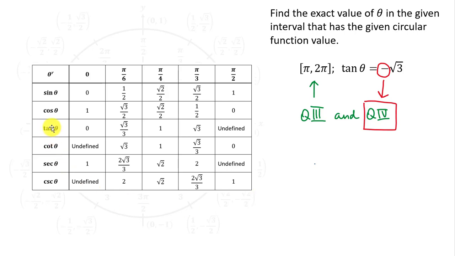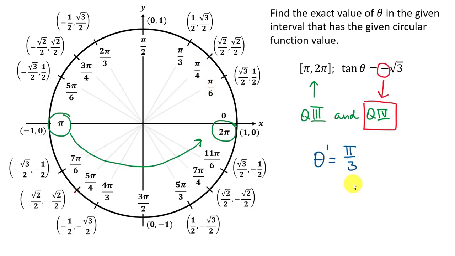Here's tangent, and I'm going to find radical 3. Here it is. And I can see that it corresponds to pi over 3. Therefore, theta prime, the reference angle, is pi over 3. And that's going to be the key to finding our angle, because we know that when we work with radian measures, an angle and its corresponding reference angle are going to have exactly the same number in the denominator.